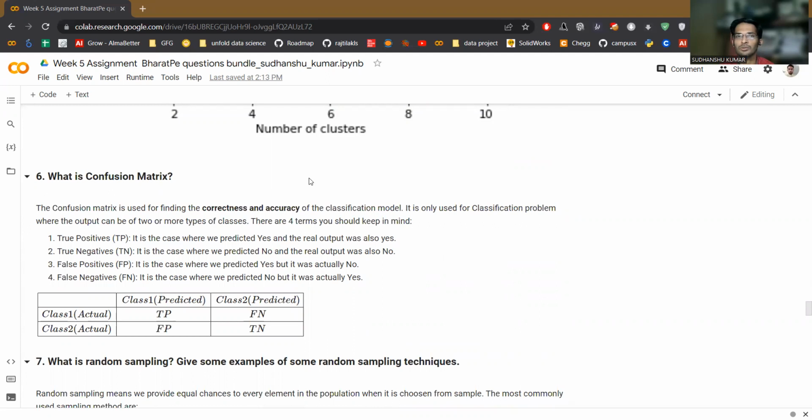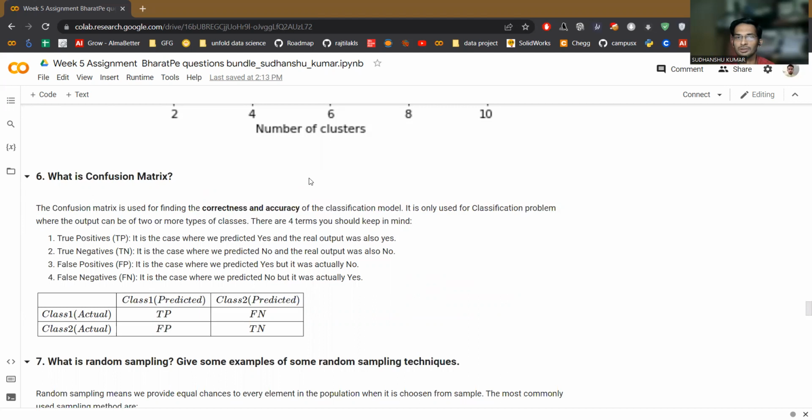Then we have to find another metric so that we can observe whether our model is correctly classified or not. For that, confusion matrix is very helpful. It finds the accuracy and correctness of a classification model.